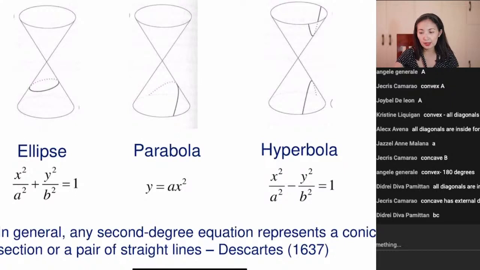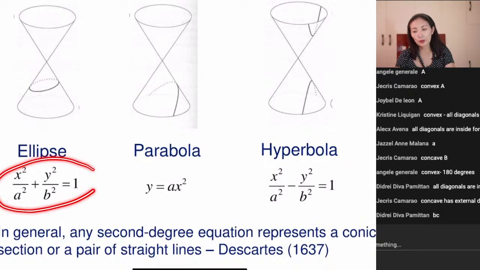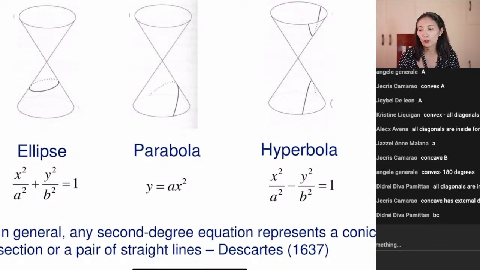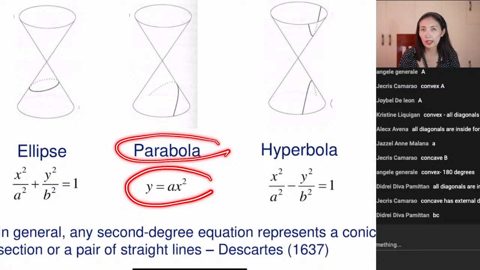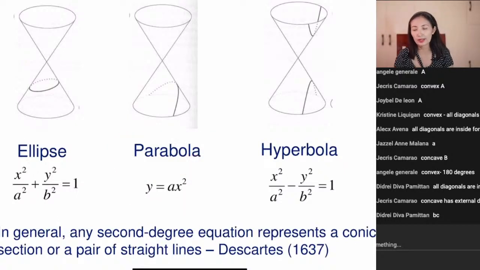So your ellipse has the formula x squared over a squared plus y squared over b squared equal to 1. And your parabola has the equation y equal to ax squared. Your hyperbola, look at the difference between the equation of an ellipse and a hyperbola.